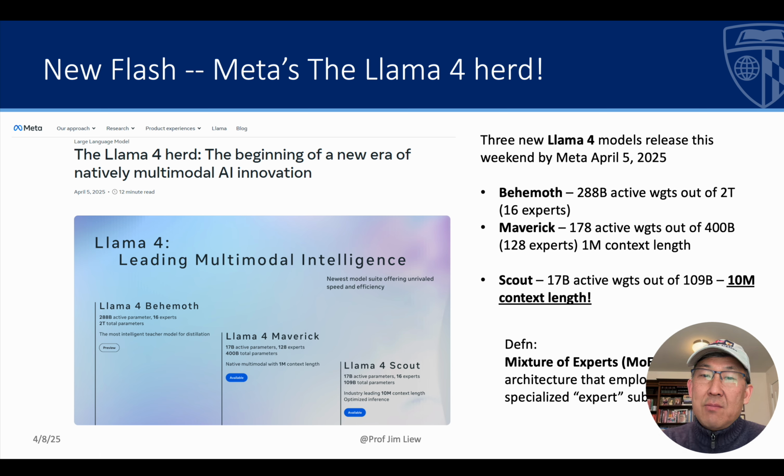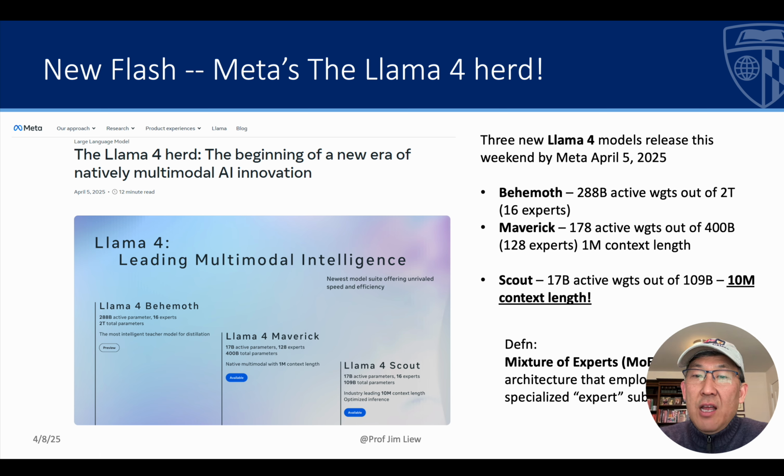They also released Maverick, which has 17 billion active parameters out of 400 billion. This is actually very interesting because they have 128 experts. So these are the smaller models that are more expert. They're going down this approach of mixture of experts, MOE. And Behemoth was still training at this time, but it's supposed to be released.